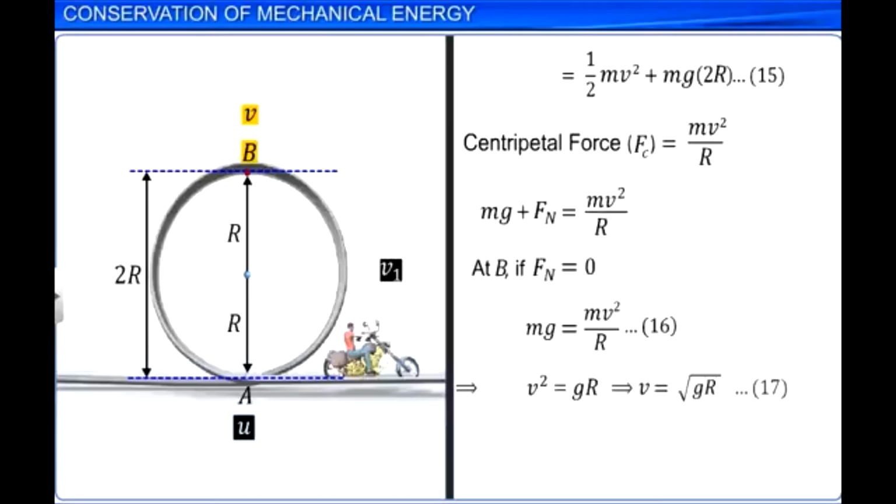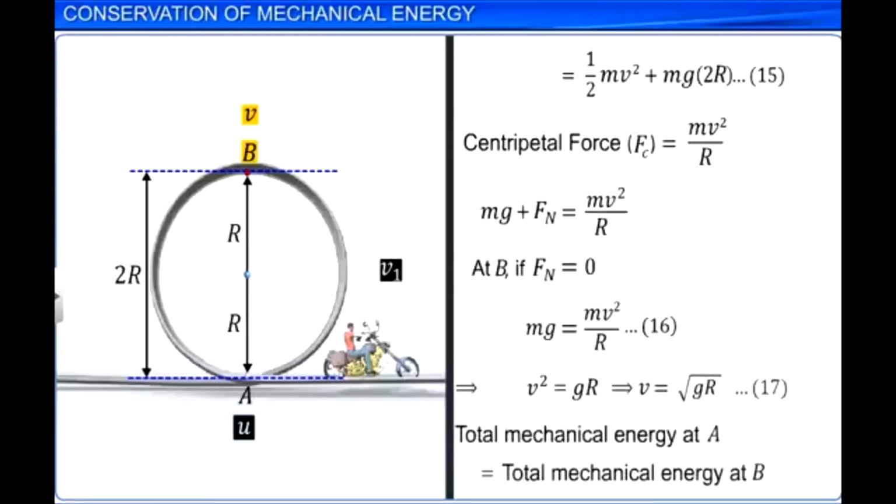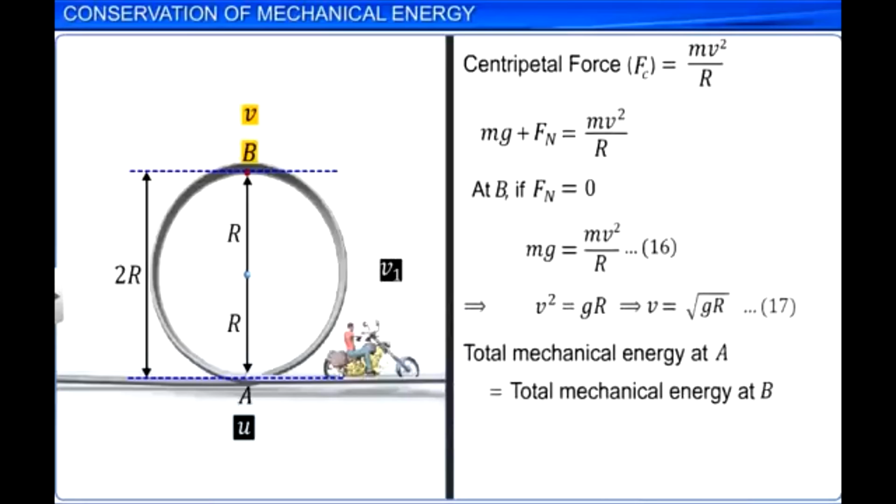According to the principle of conservation of mechanical energy, the total mechanical energy at A is equal to the total mechanical energy at B. Thus, half mv square plus mg into 2r is equal to half mu square.